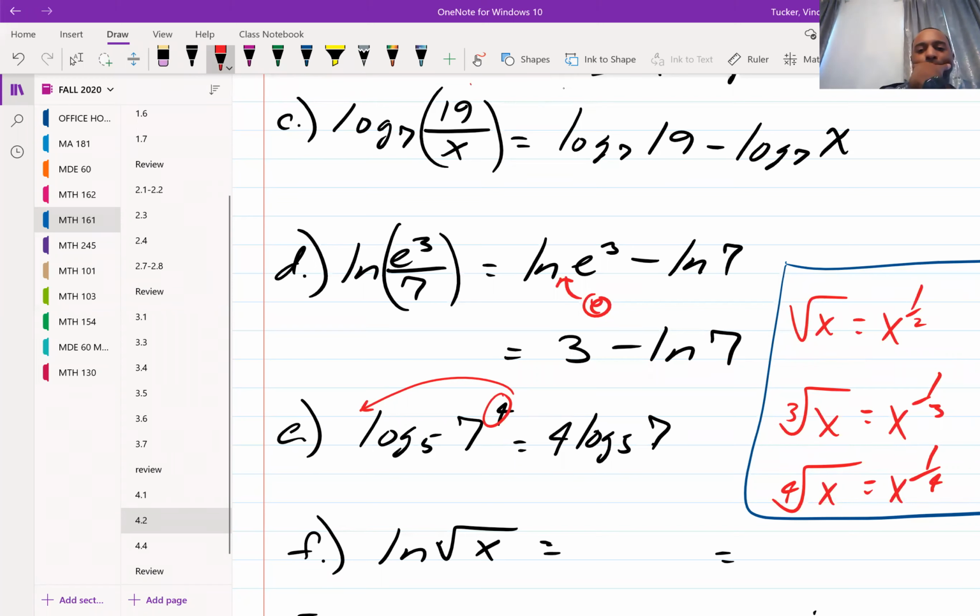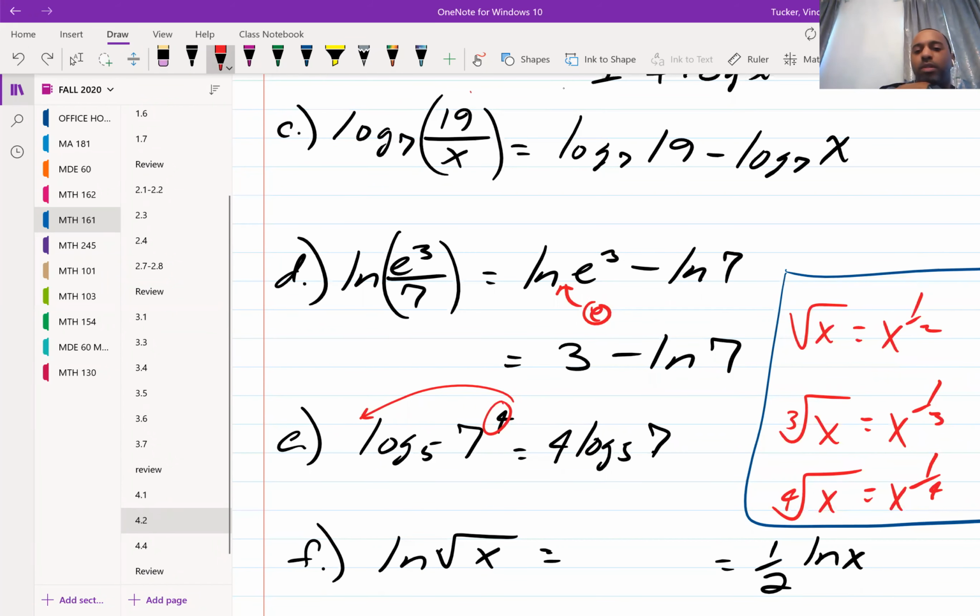All right, so I rewrote it as natural log of x to the 1/2, because the square root, once again, is 1/2 as an exponent.